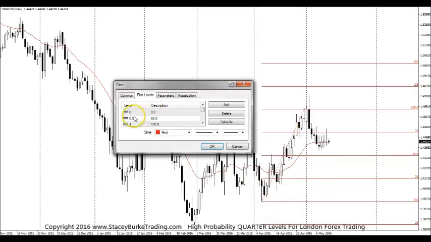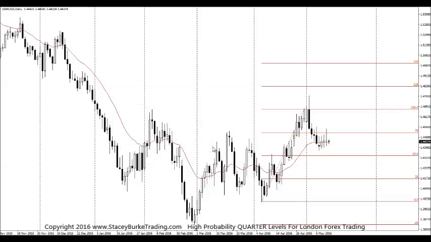So if I was to open this up, you'll see that I have 50%, 100, 0.75, 0.25, negative 1 quarter, positive 1 quarter, 1 and 1 quarter, sorry, and positive 1 and a half.